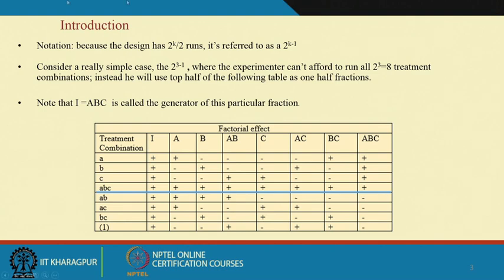So, last lecture you have seen this slide. What I have said is that if you go for a 2 to the power 3 factorial design, you require 8 runs.